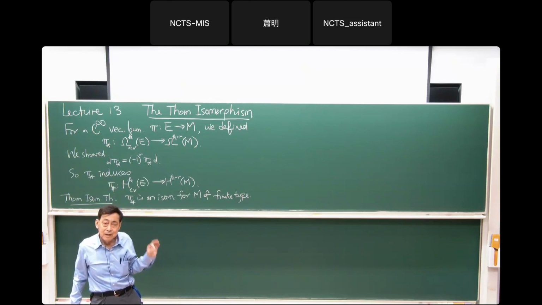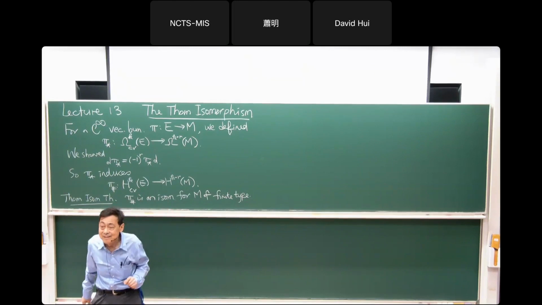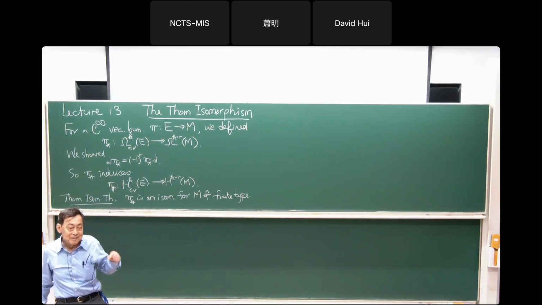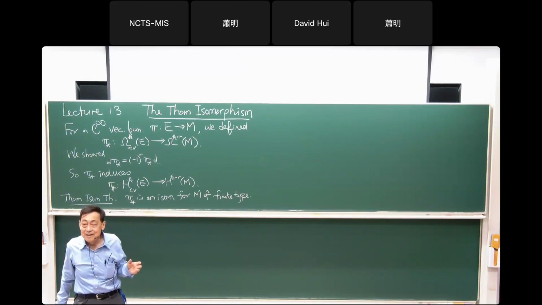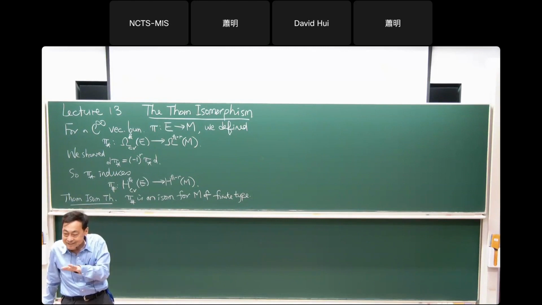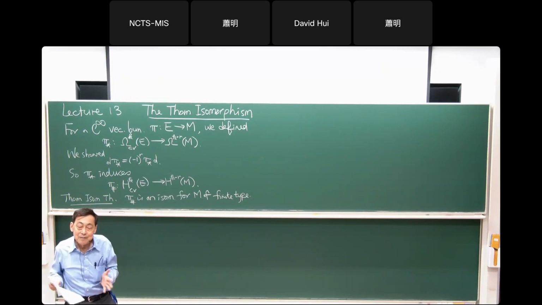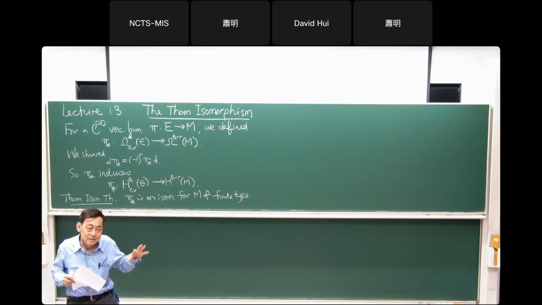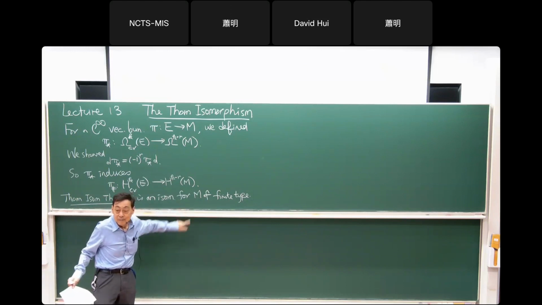But for this theorem, actually, this hypothesis is not necessary. It's just that the proof that we're going to give now requires it, okay? But after the holidays, next week, we're going to generalize this Mayer-Vietoris argument, and then we can prove this theorem again, but without this hypothesis of finite type.